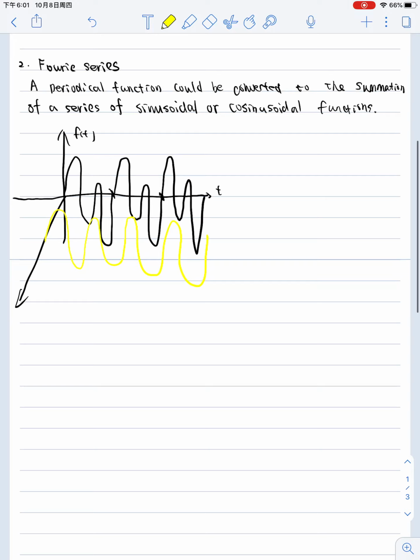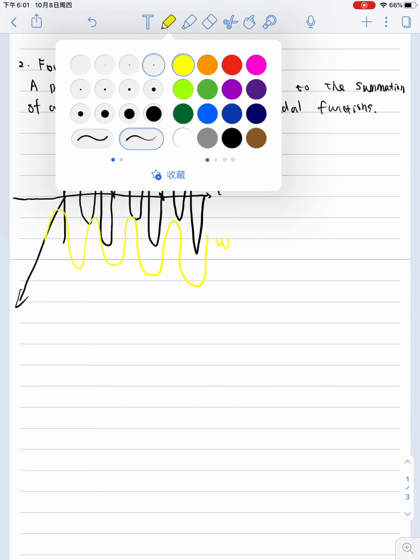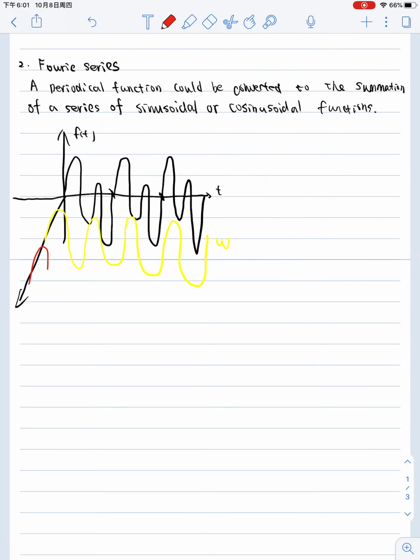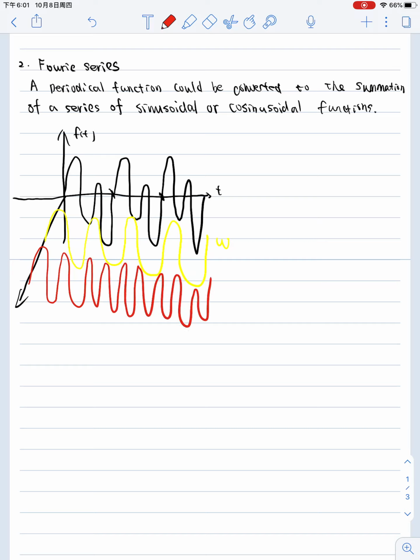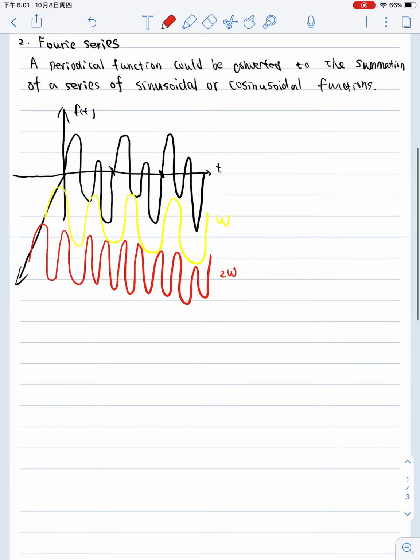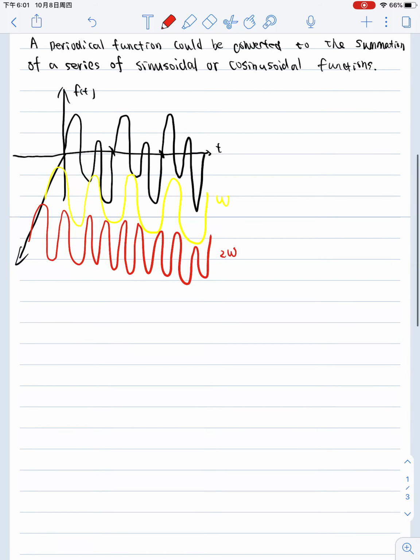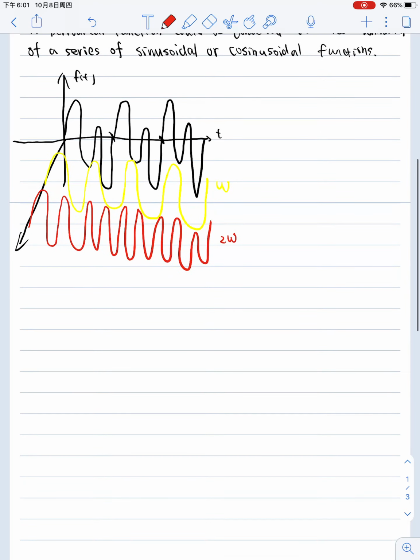For example, this is the sine function, and it has the frequency omega. Second, maybe we have another function with a higher frequency, with a frequency of 2 omega.